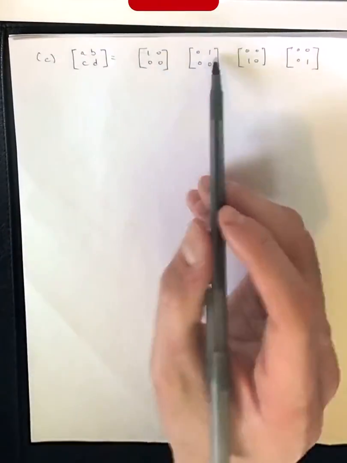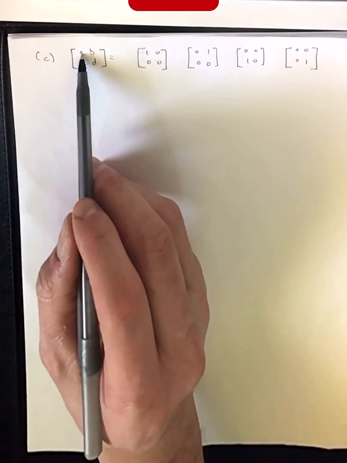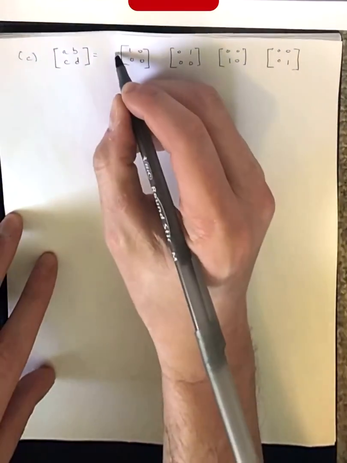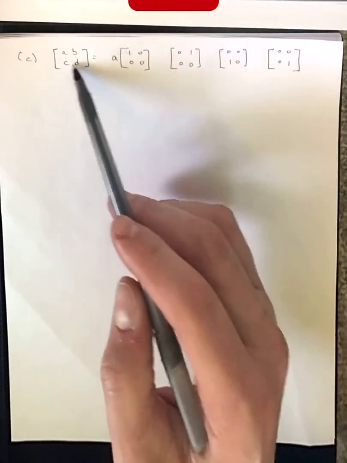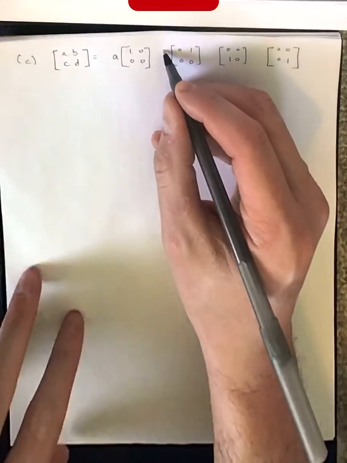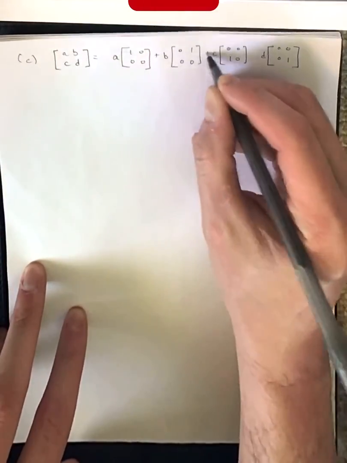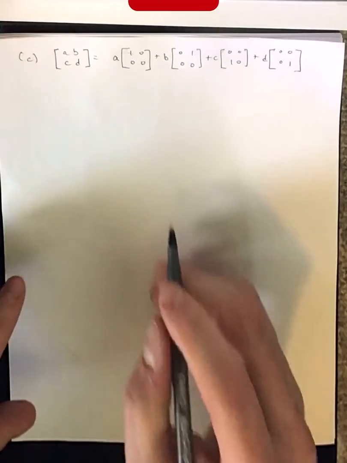So notice the only one of these four matrices that contributes to the first row, first column entry is this one. So it's going to have to be multiplied by A. And notice these are all zeros, so it contributes nothing here. So similarly, you would make that B, this C, this D, and you would add those together. And that one's pretty straightforward to make it add up to this.